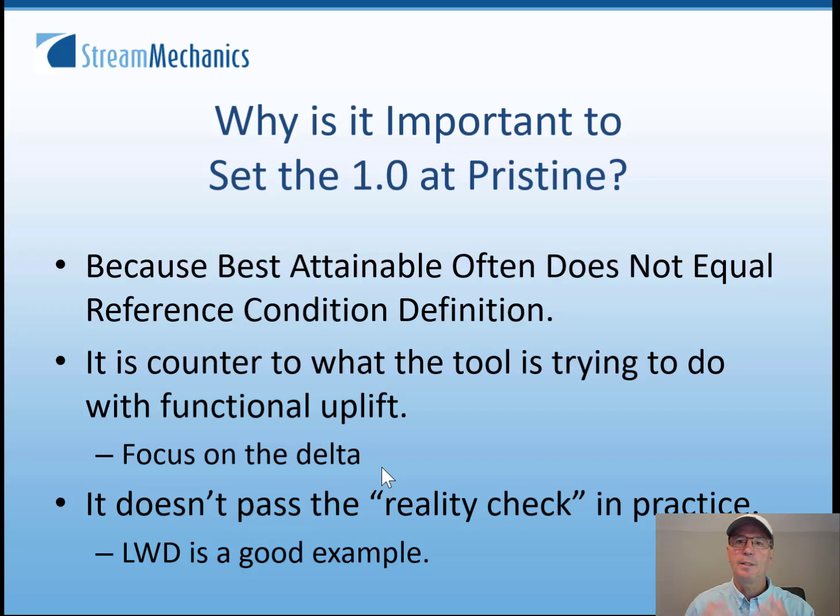So why is it important to set the 1.0 at pristine? It's because best attainable often does not equal the reference condition definition. So we often are working with states and we want to go out and collect data. Maybe there's some funding to go out and collect data. So we need sites, right?